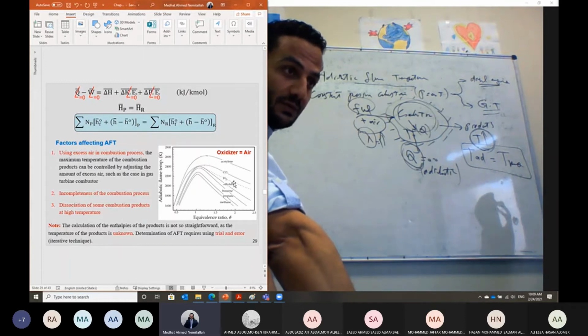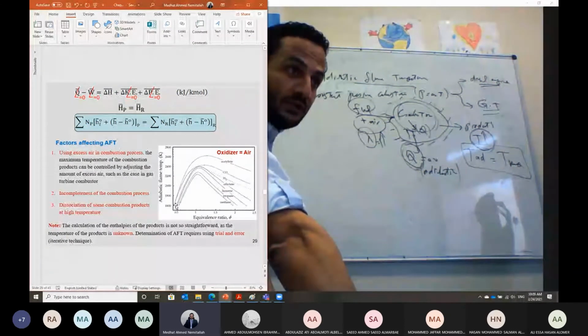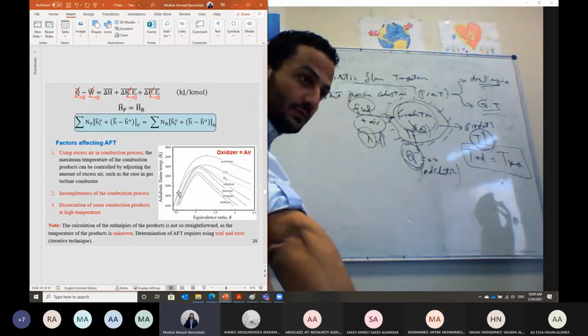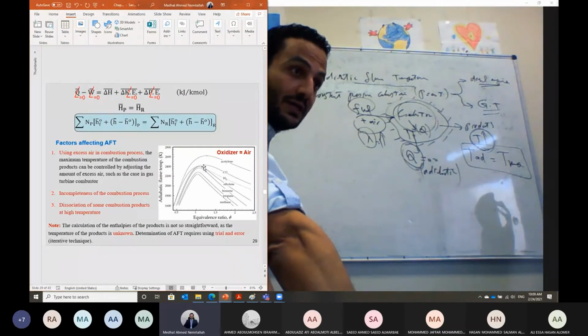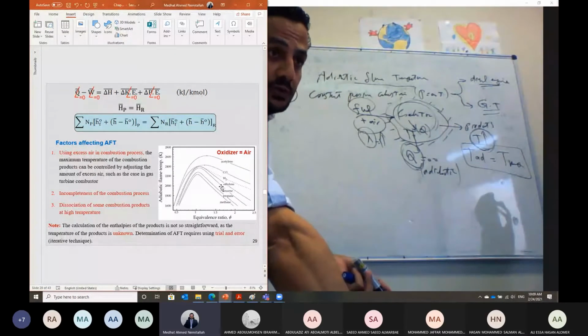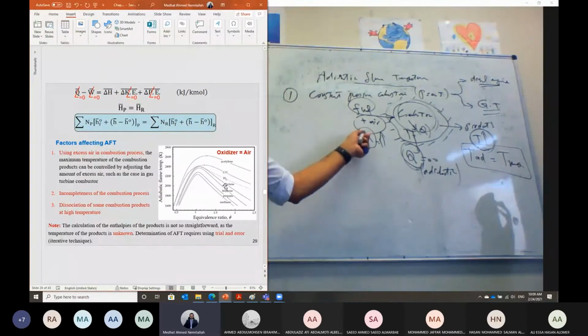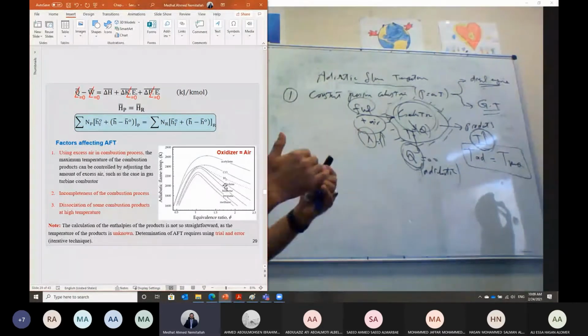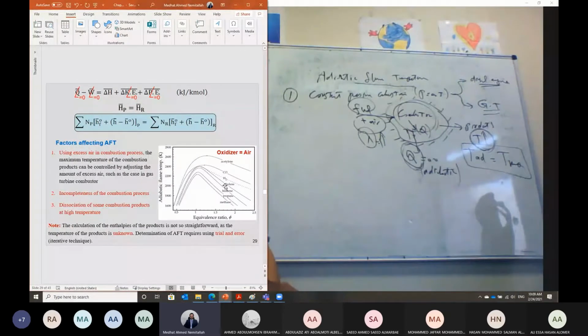When lambda is more than 1, we have lean combustion, and the adiabatic flame temperature will be reduced. Also if phi is greater than 1, that means lambda is less than 1, then we have incomplete combustion. Part of the fuel is not burned, and that will also lower the adiabatic flame temperature.